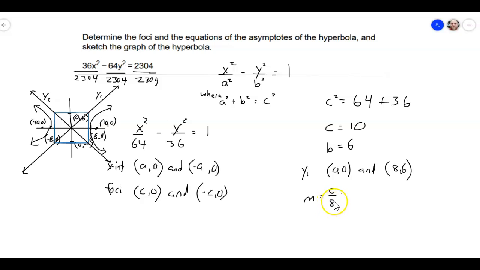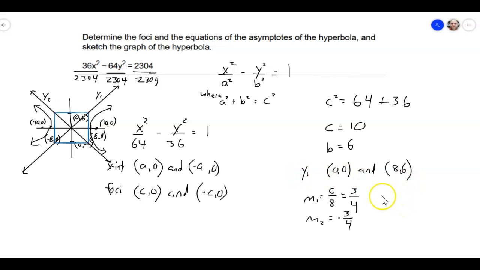It'll be positive because it's a positive slope, which is 3 over 4. And then for the other one, it's going to go up 6 and to the left 8. So M1 is 3 over 4, and M2 is just going to be negative 3 over 4. All right, so here's our two slopes for y1 and y2.